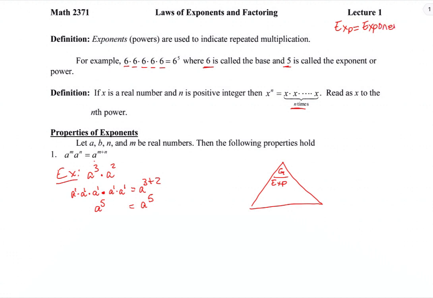Then I have multiplication and division, and I have addition and subtraction. Now remember what I said when I first did the pyramid, that I had to have multiplication over addition. Remember I said that I had to keep that relationship? Notice that if I'm multiplying my bases, what do I do to my exponents? I add them.